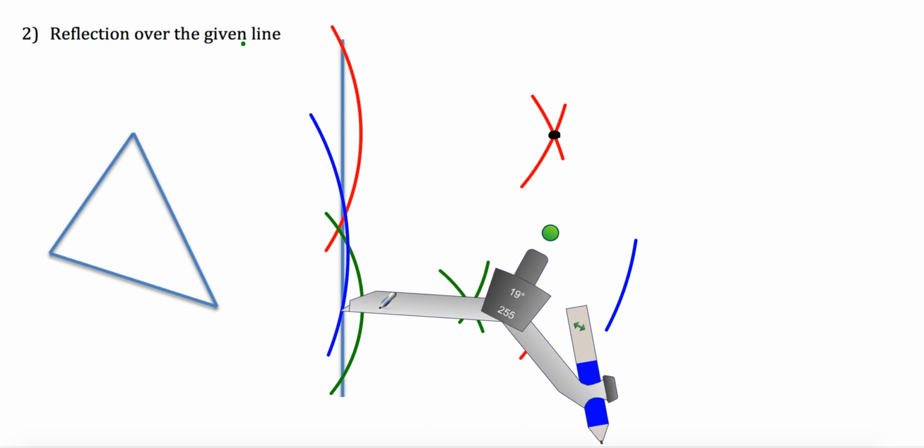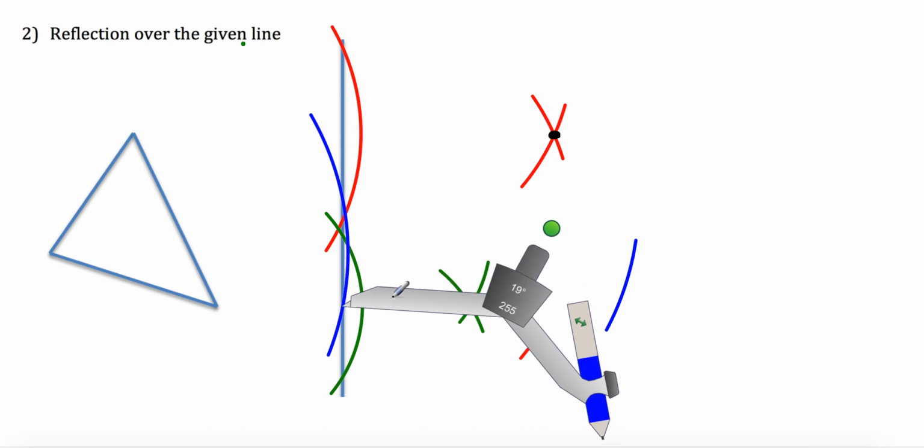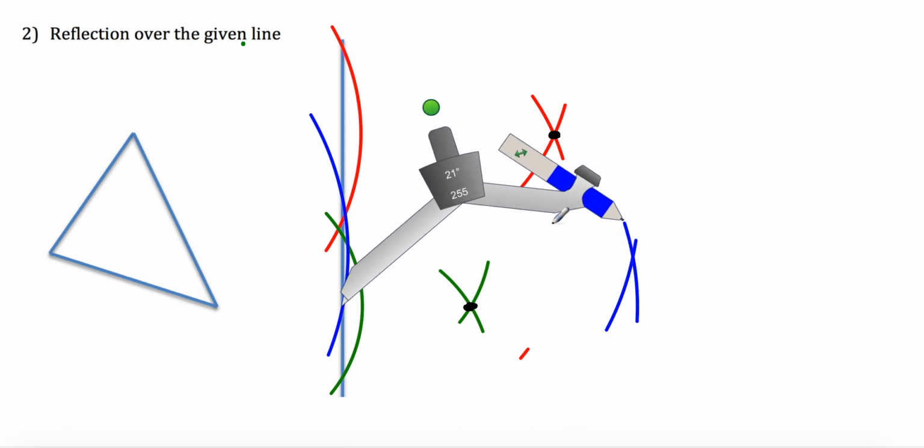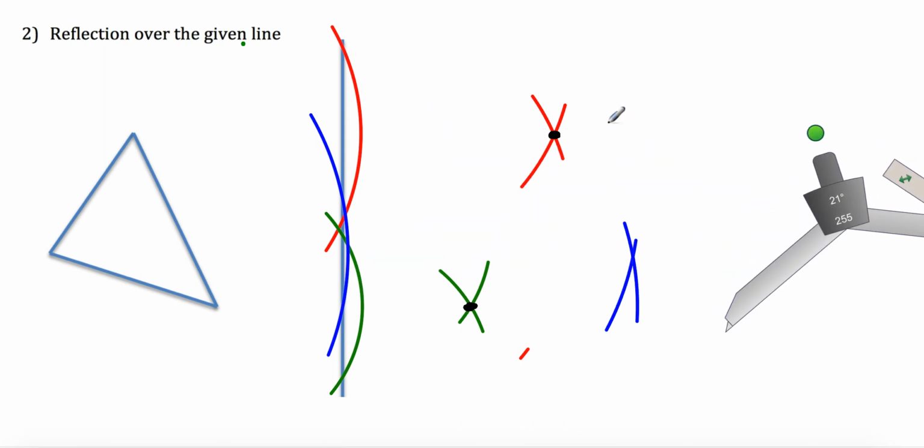Around there somewhere. Okay, so our third point seems to be around here.